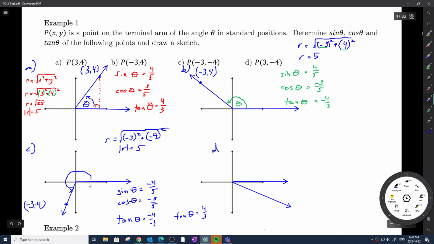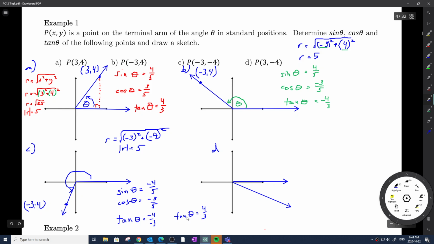So that's what a quadrant 3 angle looks like. So it might be anywhere from 181 degrees to 269. Anyways, sine theta is equal to my y coordinate divided by my radius vector r, -4/5. Cosine theta is -3/5.